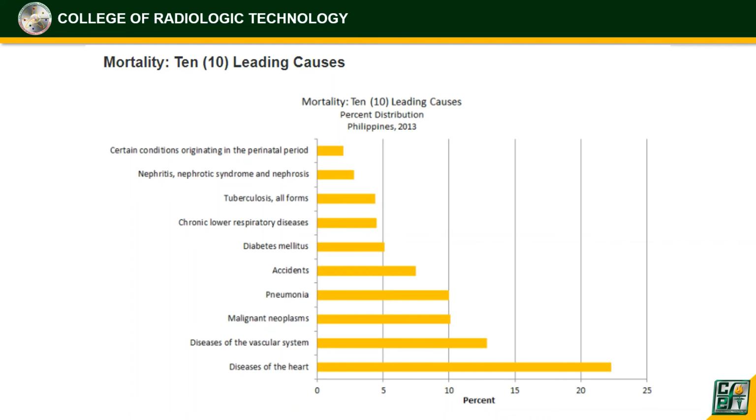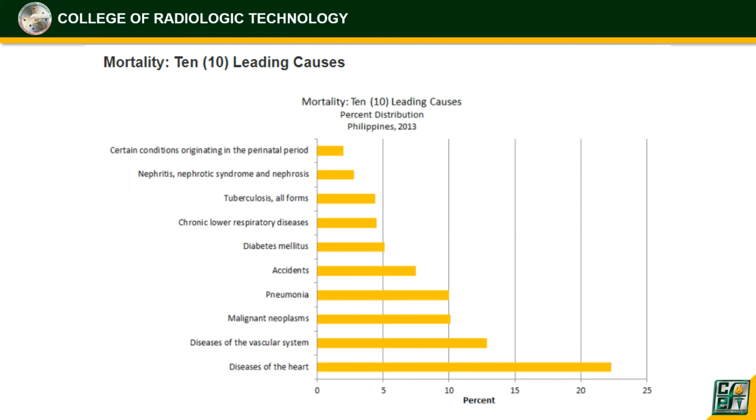Okay, so the top one is diseases of the heart, followed by diseases of the vascular system, followed equally by malignant neoplasms and pneumonia, then accidents, diabetes mellitus, chronic lower respiratory diseases, all forms of tuberculosis.